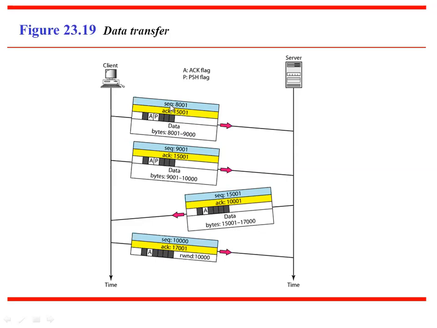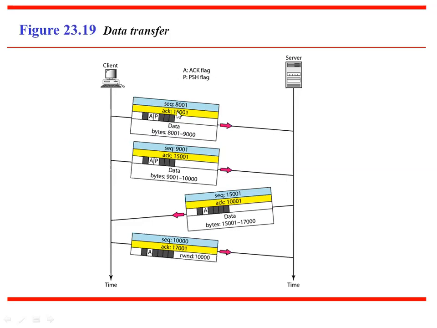The sequence number is the number of the first byte of the data, so the sequence number is 8001. And let us say this client had already received some packet from the server, and the client is sending the acknowledgement for that also. So this is piggybacking that is happening here.